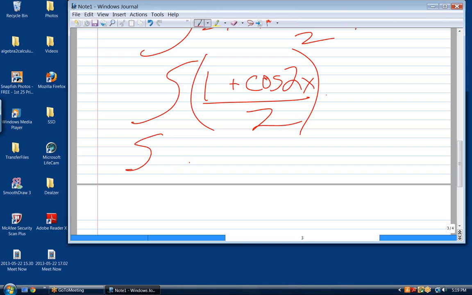well, the first term is going to be 1/2 squared, so that's 1/4. Second term is going to be twice 1/2 times cosine of 2x over 2. Well, that's cosine of 2x. And the last term is going to be cosine of 2x over 2 squared, which is cosine squared of 2x over 4.